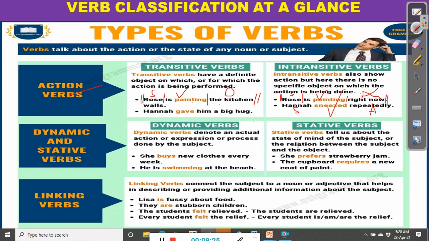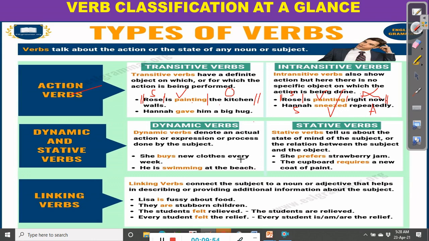Stative verbs, on the other hand, tell us about the state of mind of the subject, or the relation between the subject and the object. So it tells us the status, the condition, or sometimes the expression of feeling, the expression of emotion, expression of thoughts, or if you like, the mental state. All right. Now let's look at dynamic verbs.